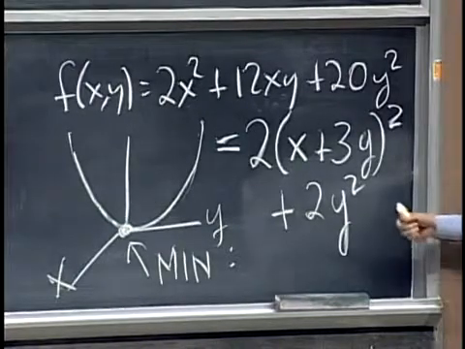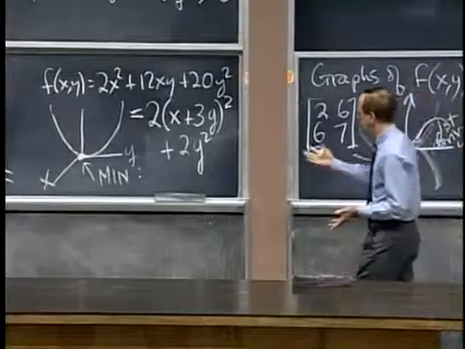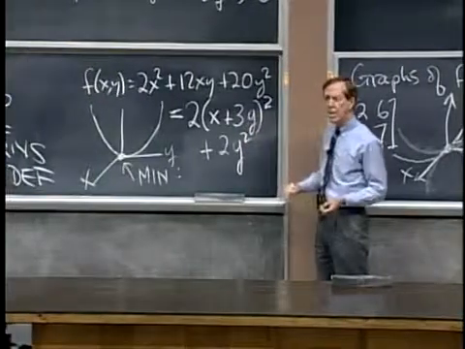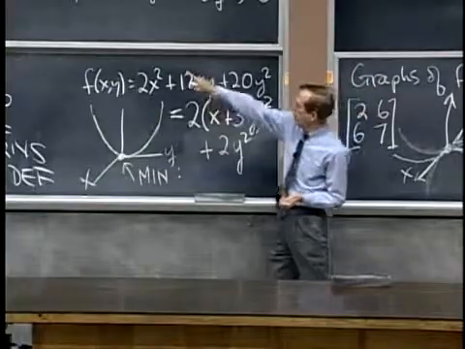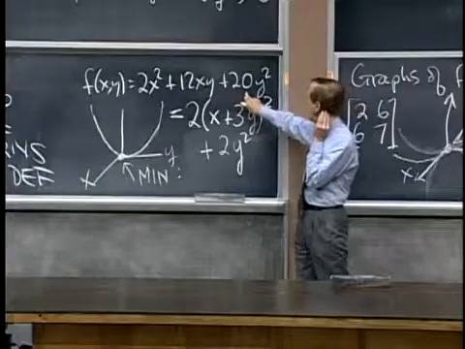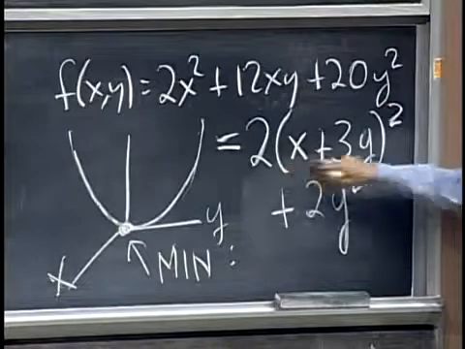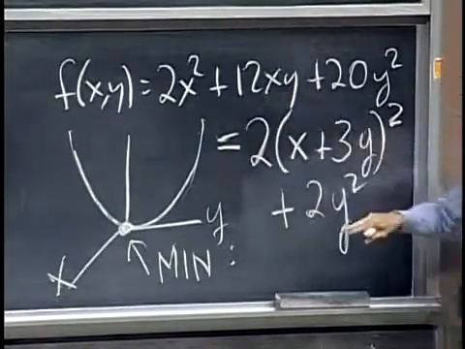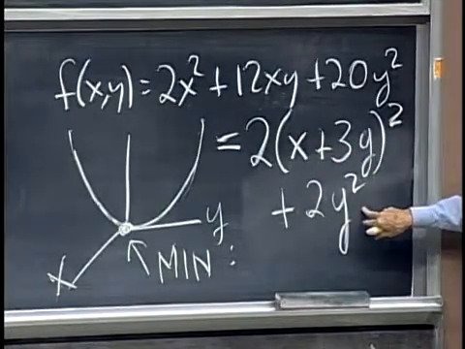Now I can see that function is positive because it's all squares. I've got 2 squares added together. I couldn't go negative. What if I went back to that 7? If instead of 20, that number was a 7, then what would happen? This would still be correct. I'd still have this square to get the 2x squared and the 12xy, and I'd have 18y squared, and then what would I do here?